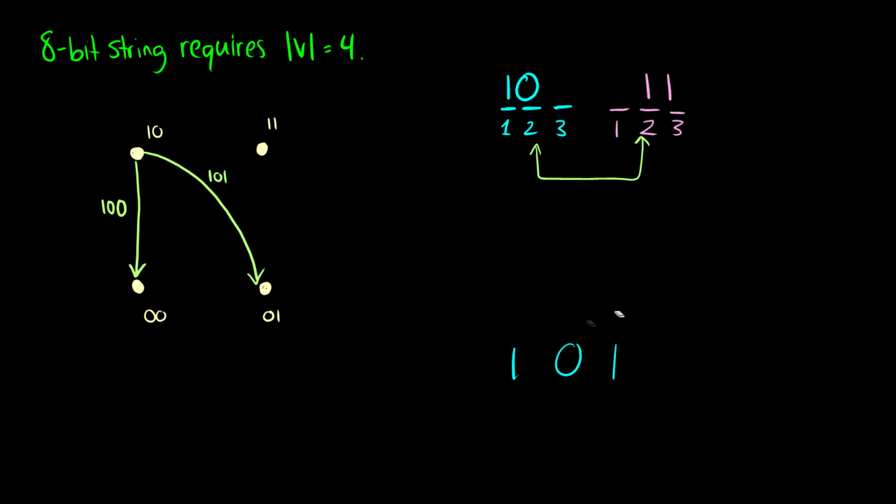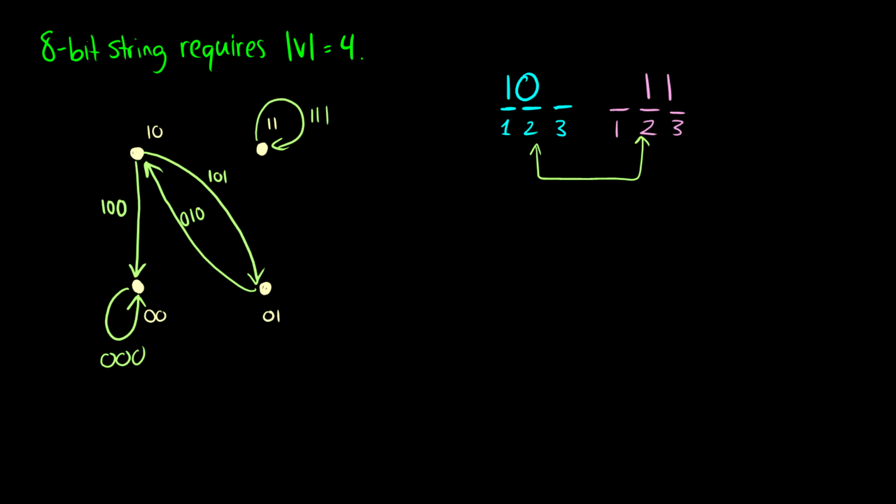Okay, so let's just spell out the rest here. We're going to do this for all the possible values. So we can go from 0, 0 to itself and get 0, 0, 0. Go from 1, 1 to itself and get 1, 1, 1. 0, 1 can go back to 1, 0 and we'll get 0, 1, 0. 0, 0 goes to 0, 1 to give us 0, 0, 1. 0, 1 goes to 1, 1 to give us 0, 1, 1.